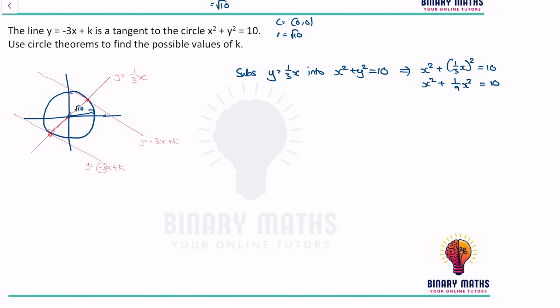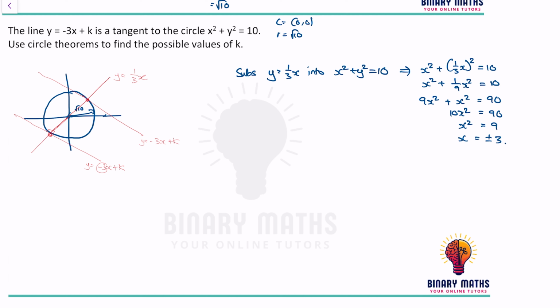If I multiply by 9 throughout, I get 9x² + x² = 90, which means 10x² = 90, which means x² = 9, which means x = ±3.